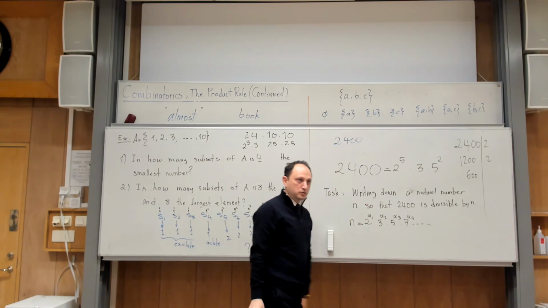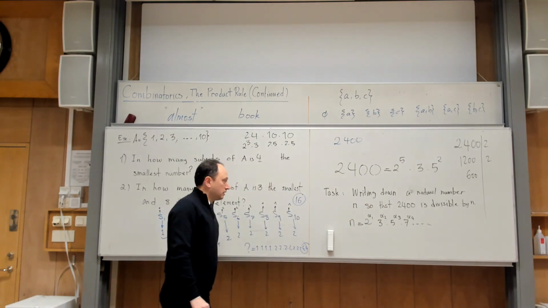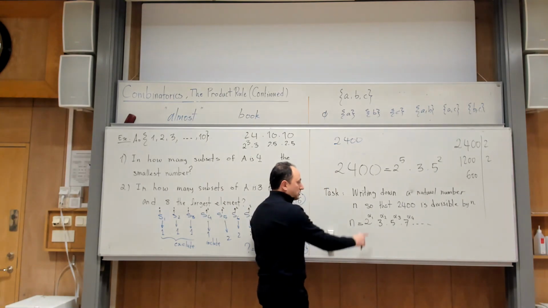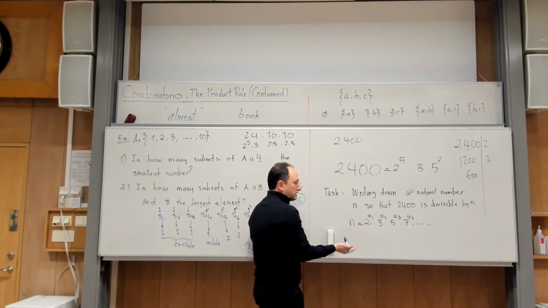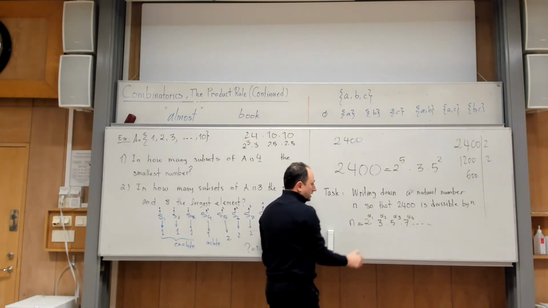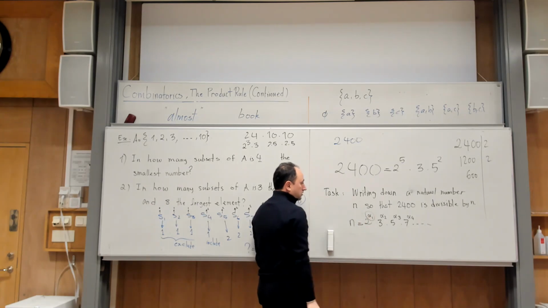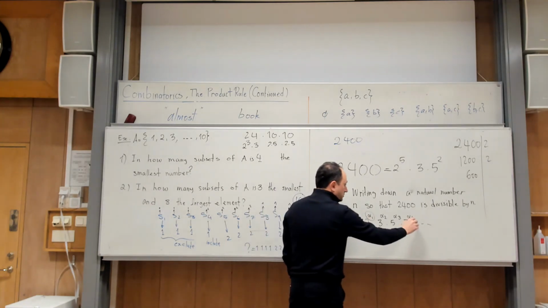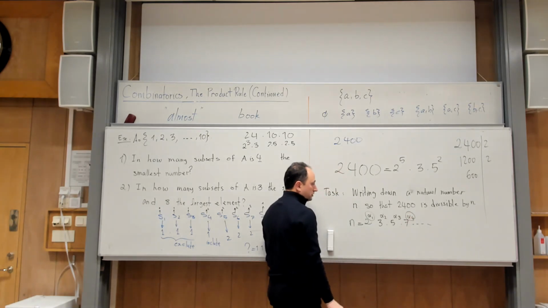I can factorize my number like this. If I ask you what these alphas are, you would say that alphas are non-negative integers. The lowest value for an alpha is 0, and there is no upper bound in general, but here I know that there are only a few choices for alpha 1. What is my choice for alpha 4, for example?